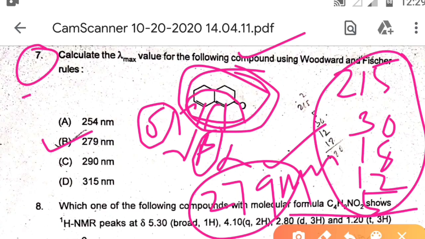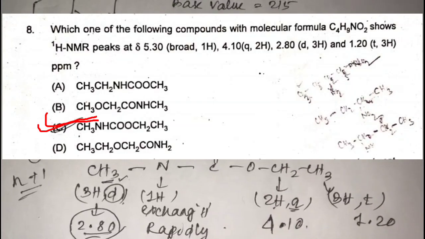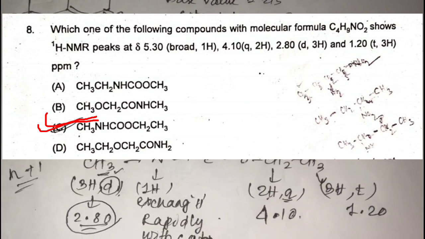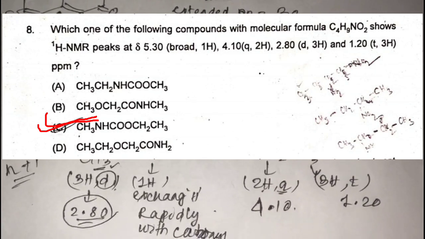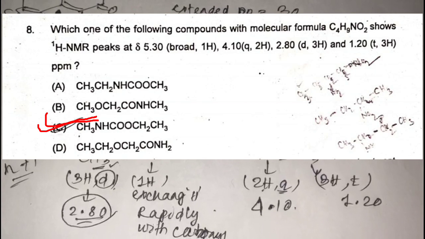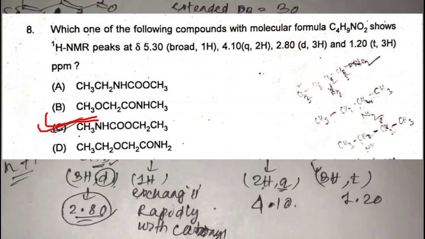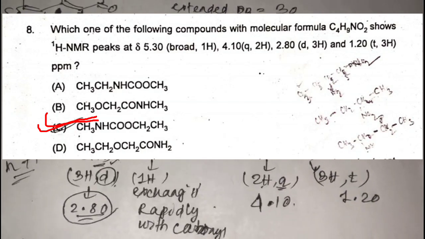Okay, the question is, which one of the following compounds with molecular formula C4H9NO2 shows NMR peaks at 5.30, 4.10, 2.80 and 1.20. Okay, this question is from your NMR spectroscopy, right?